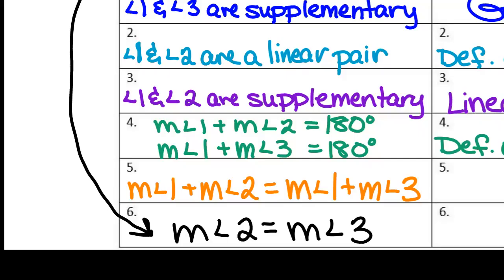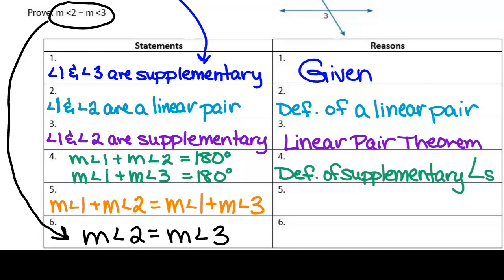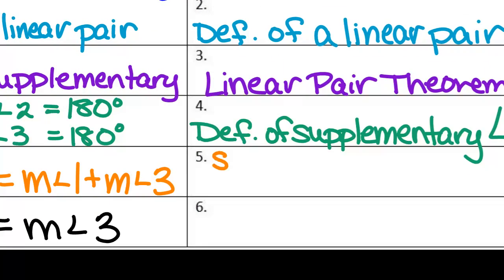So these two things have to be the same size, and that would be my transitive property. So we can use substitution or transitive property here. Either one works.